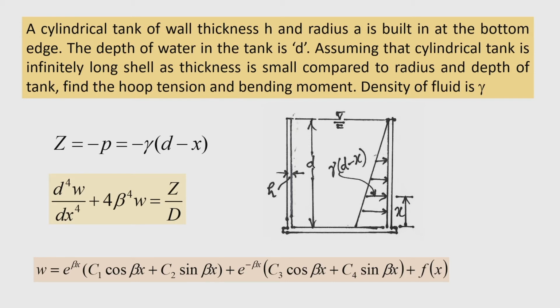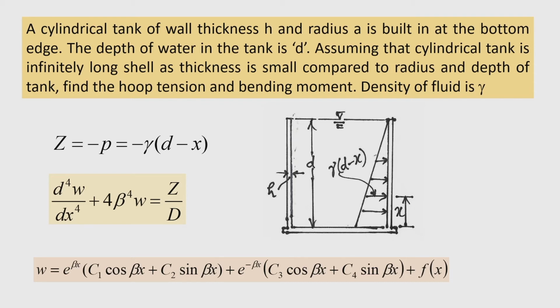So, in that case differential equation for the deflection of the shell will contain the coefficient which is variable in x. Radius of the shell is a and it is built in at the bottom edge.